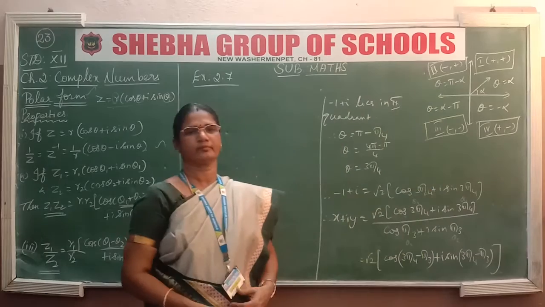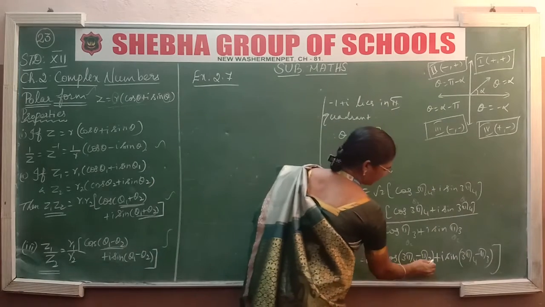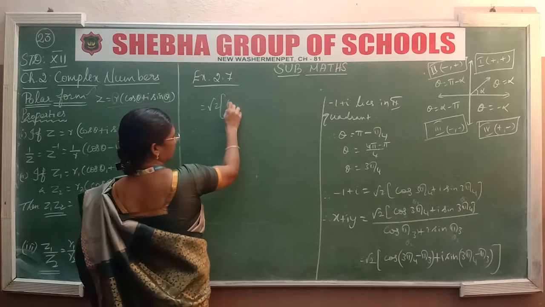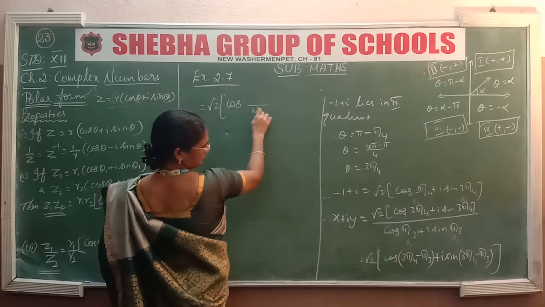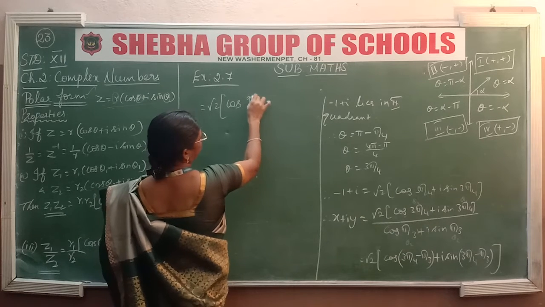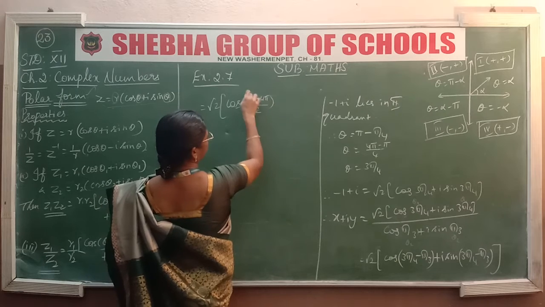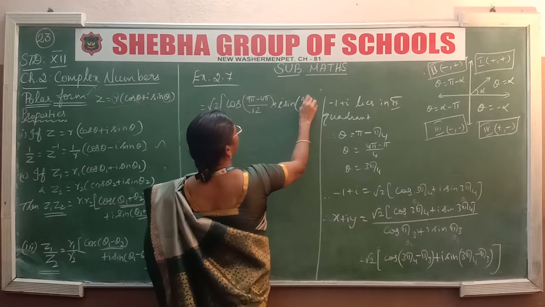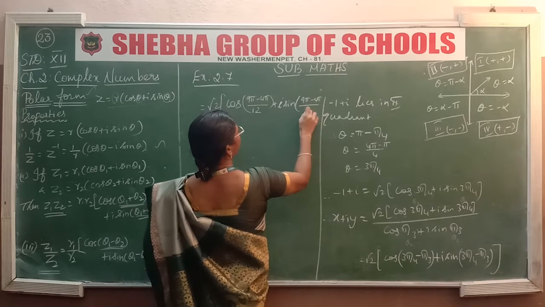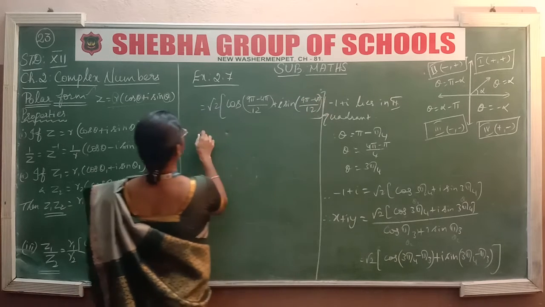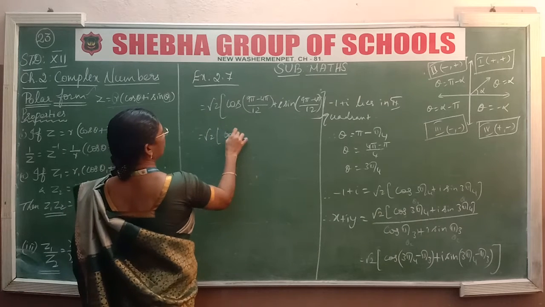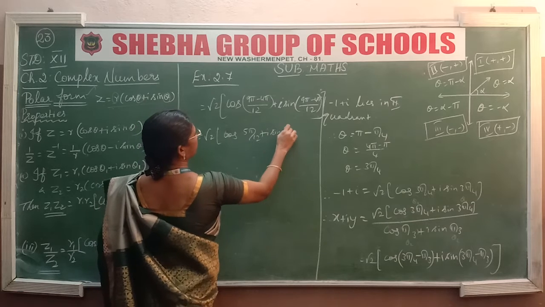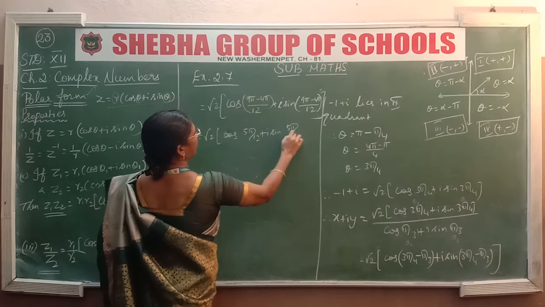Now taking 4 into 3 as LCM, we get root 2 into cos of 3 threes are 9 pi minus 4 pi plus i sin of 9 pi minus 4 pi by 12, equal to root 2 into cos of 5 pi by 12 plus i sin 5 pi by 12.